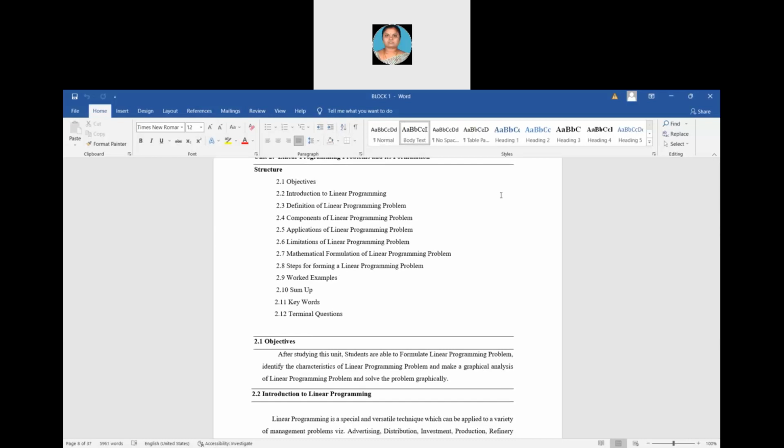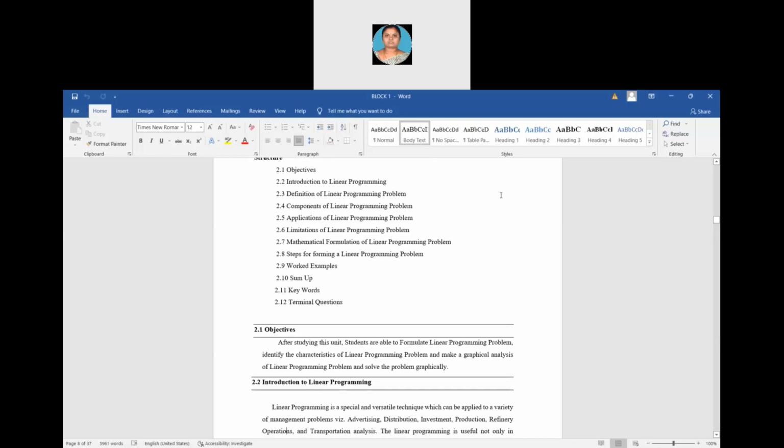So by overcoming this unit, you can identify the characteristics and also you can make a graphical representation of the problem, and by using the graphical representation itself we can solve the problem because you have to find the answer for our objective function.